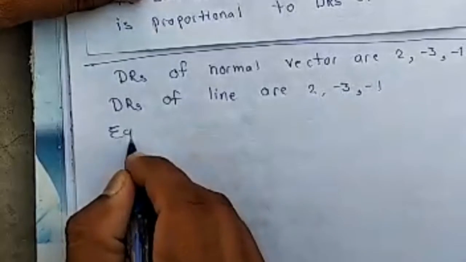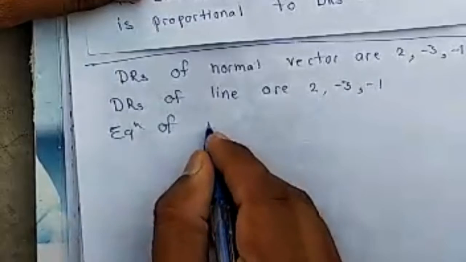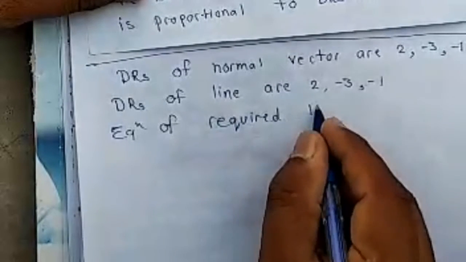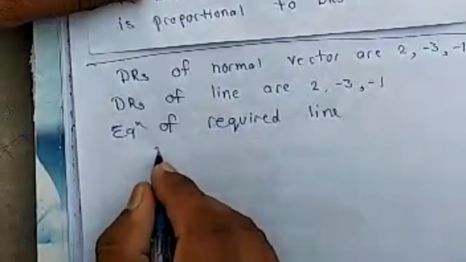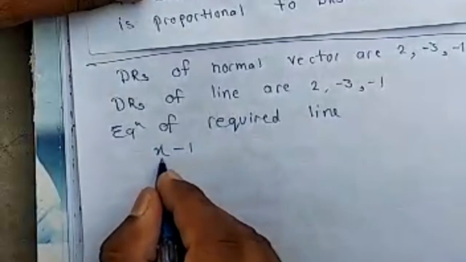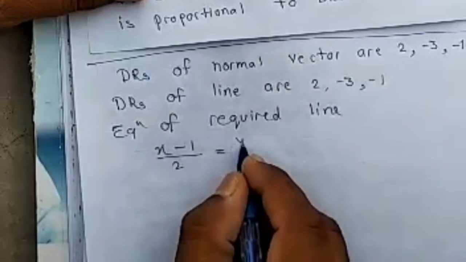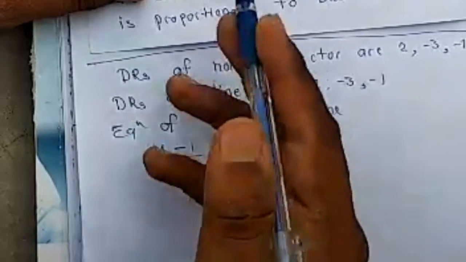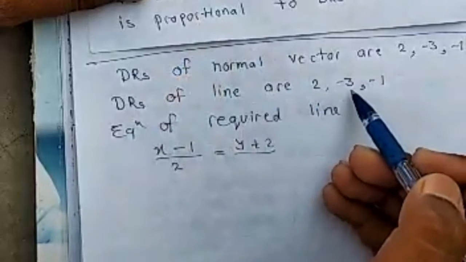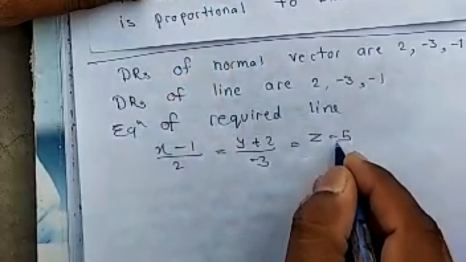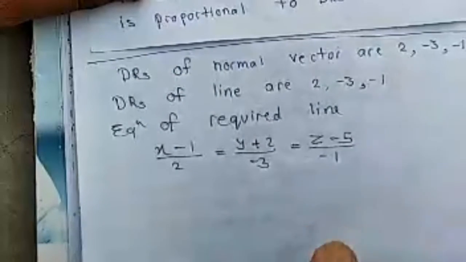Then the equation of the line is (x minus 1) by the value of A, which is 2, (y plus 2) by the value of B, the direction ratio of the line, which is minus 3, and (z minus 5) by C, which is minus 1, and it is the answer.